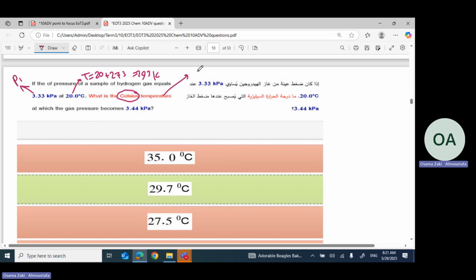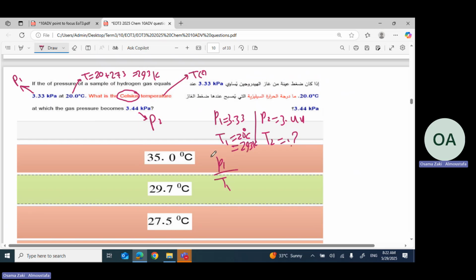How? Let's see. We need to find the temperature in Celsius. This is P2. So now P1 equals 3.33, T1 equals 20 Celsius, which is 293 Kelvin. P2 is 3.44. T2, we don't know. So the formula is P1 over T1; look, volume is not mentioned, equals P2 over T2.